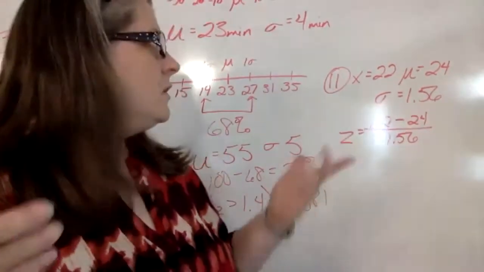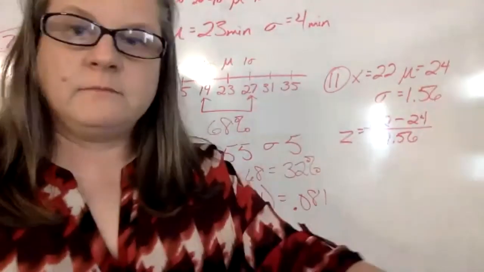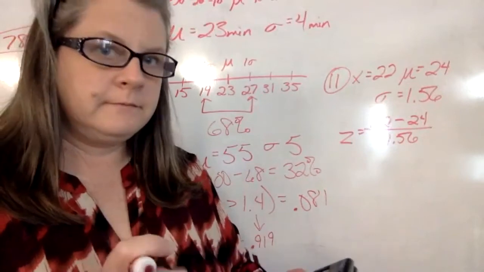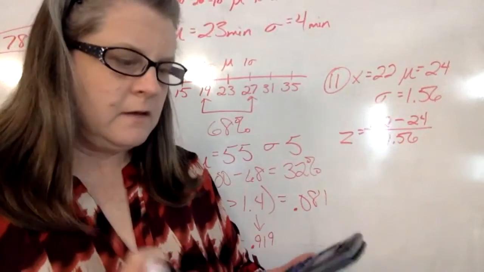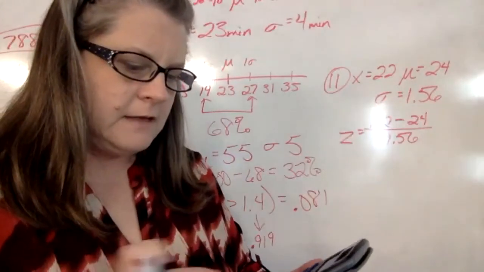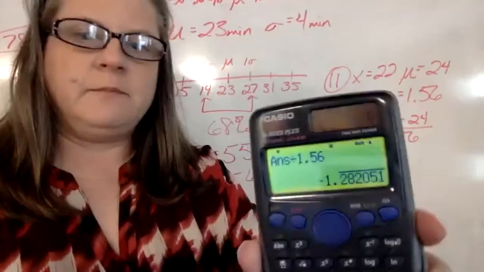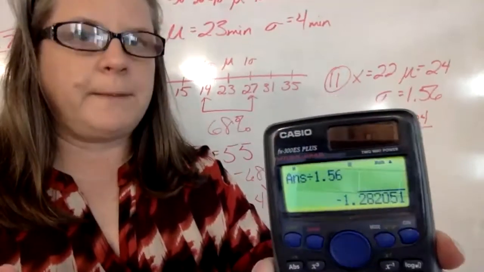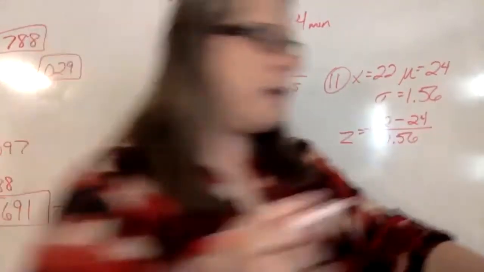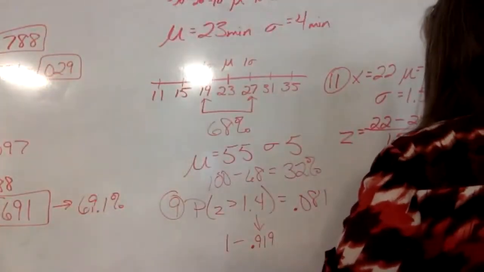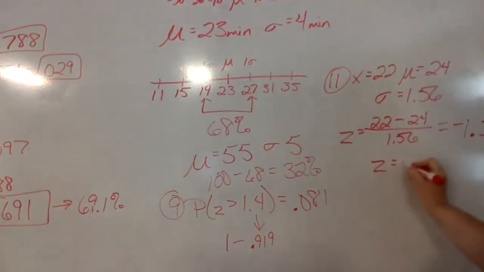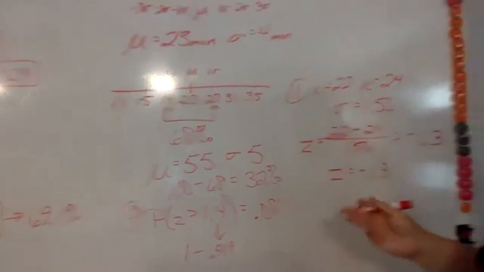When you subtract the top, you get -2, and you're dividing that by 1.56. You get a big long decimal. We round to the tens place. So it'll be -1.3. Okay, and that's all it wants. So your answer is simply z equals -1.3.